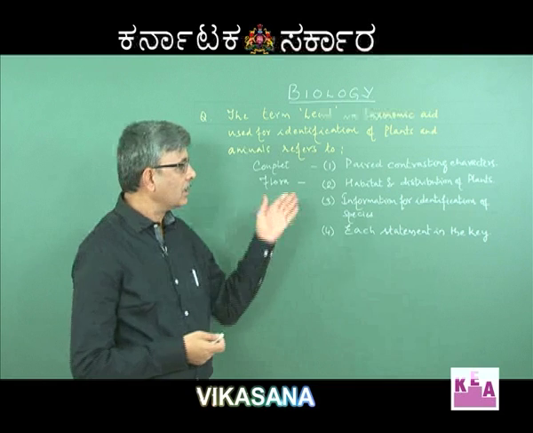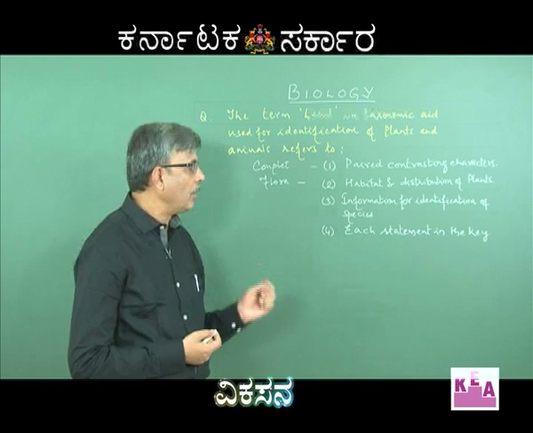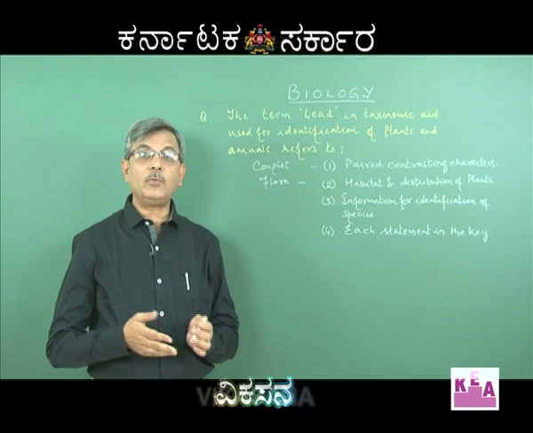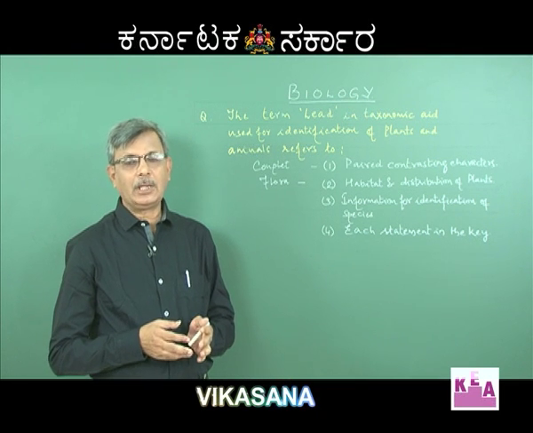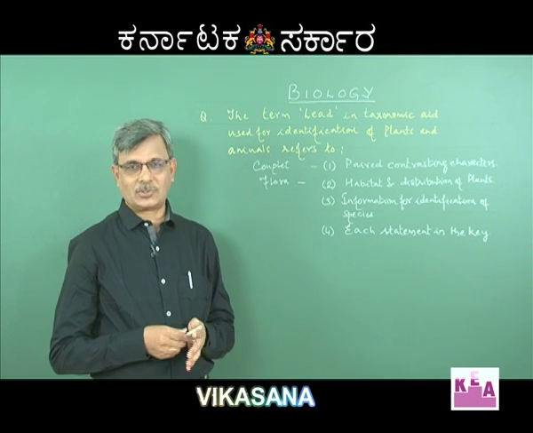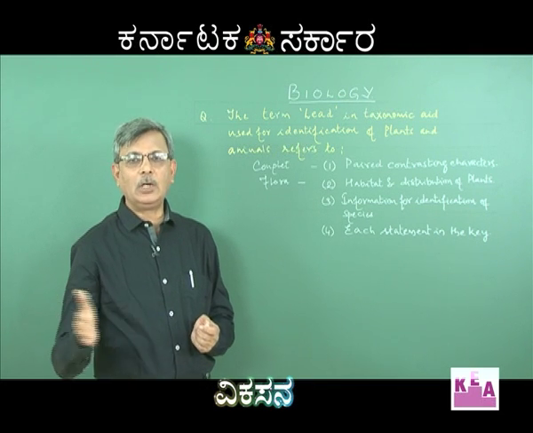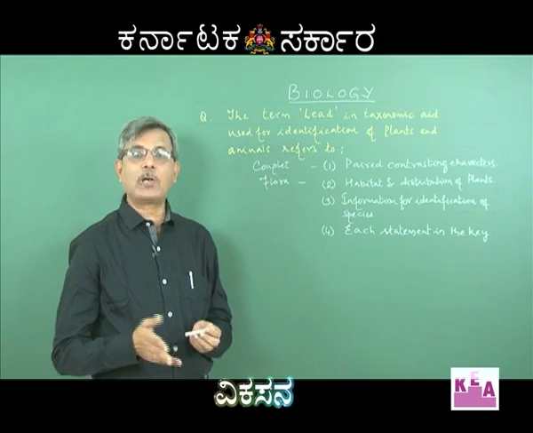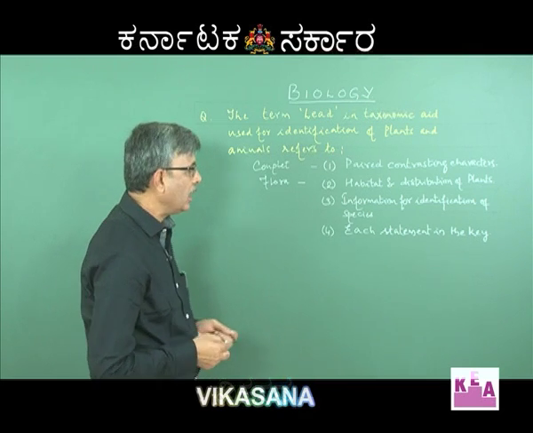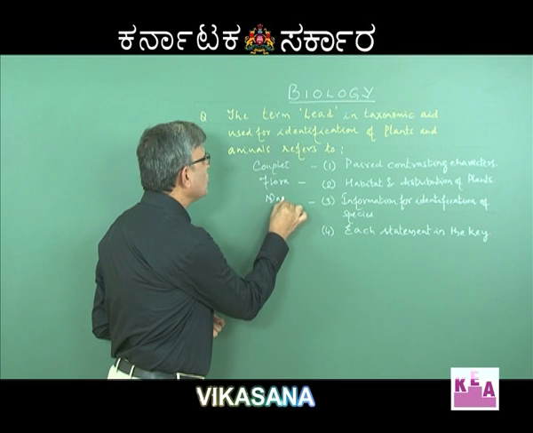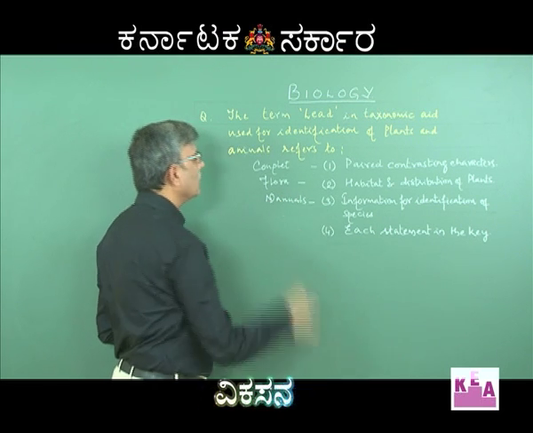Let us come to the third statement, information for identification of species. So, where do we get it? In the key? Then remember, it is in manuals. I hope all of you remember, in the practicals you study the information given in the laboratory manuals. So, here information for identification of species relates to manuals.